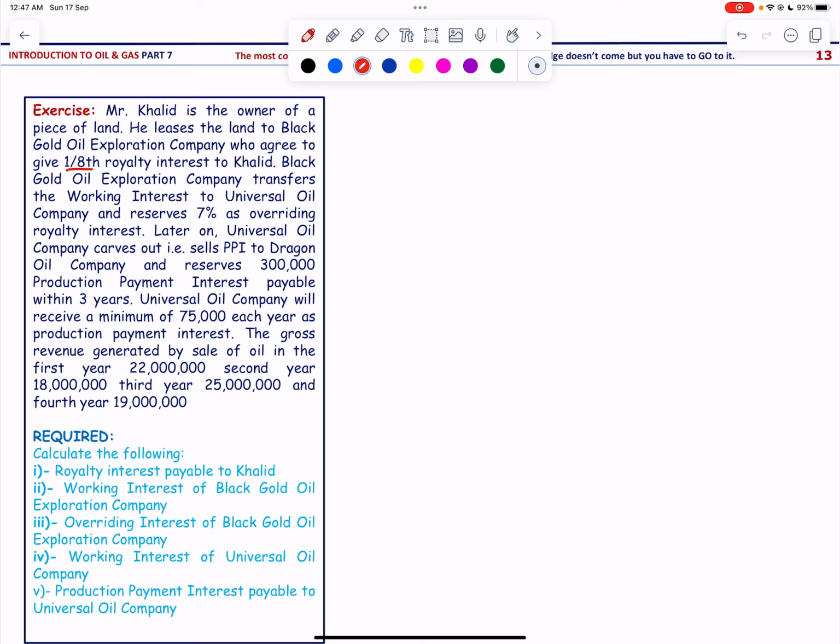Black Gold Oil Exploration Company transfers the working interest to Universal Oil Company and reserves 7% as overriding royalty interest.